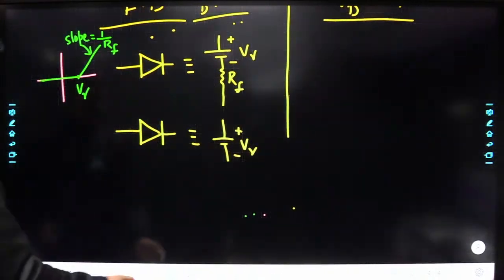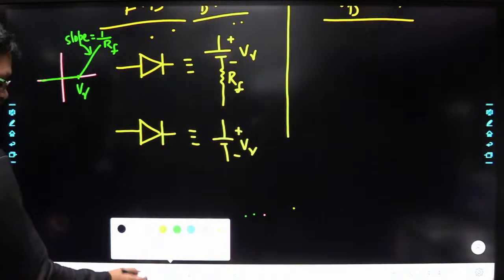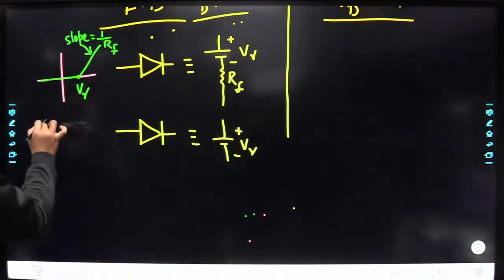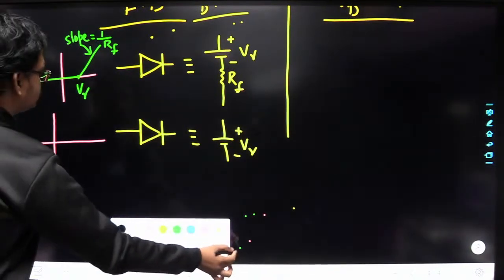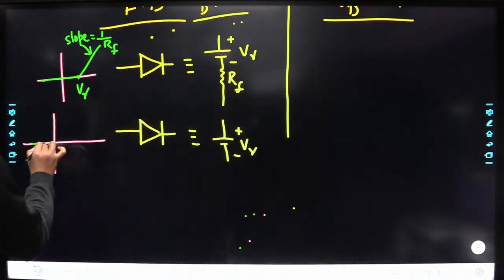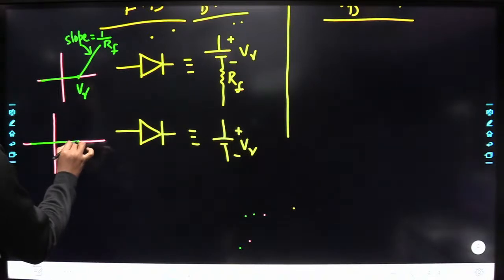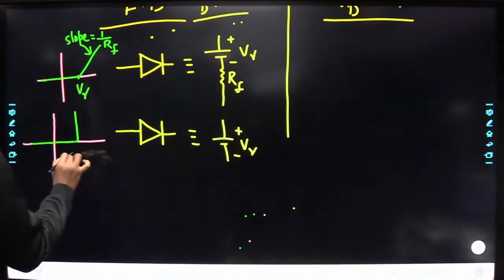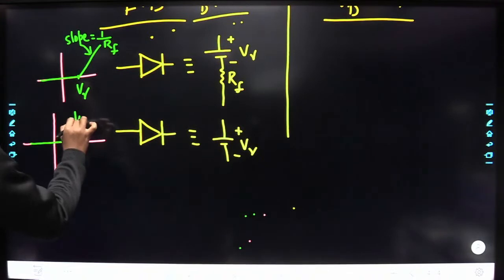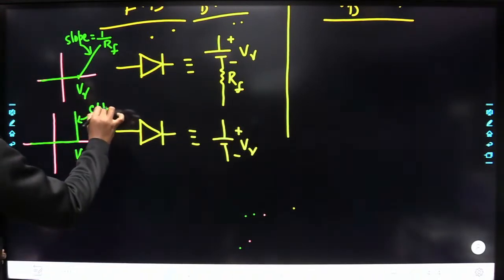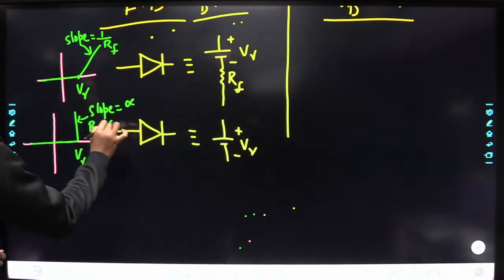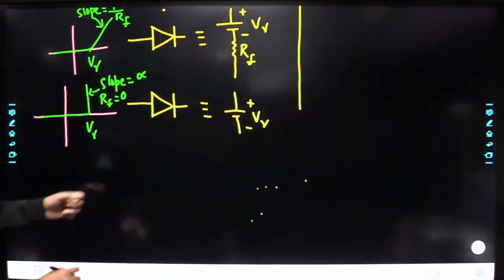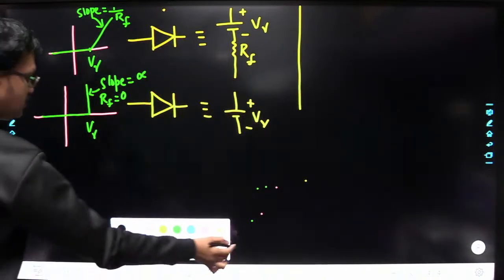Okay, next, for this one, the cut-in voltage here is non-zero, and the slope is infinity, and RF will become 0.